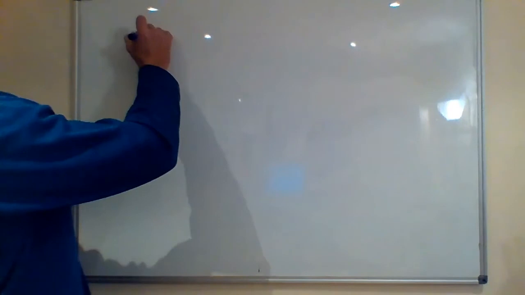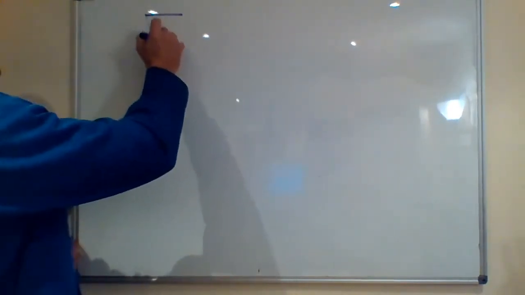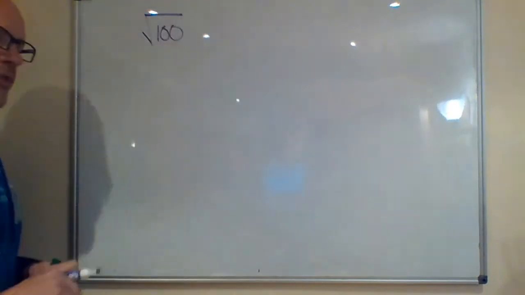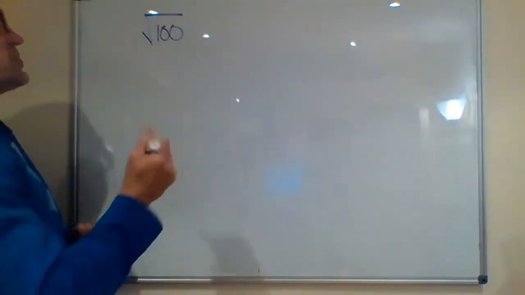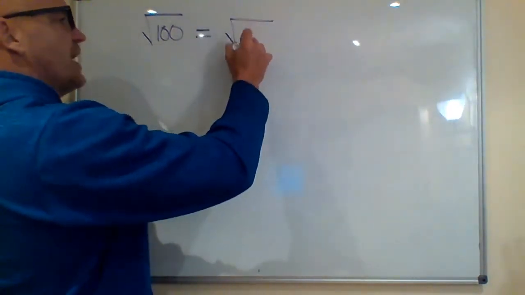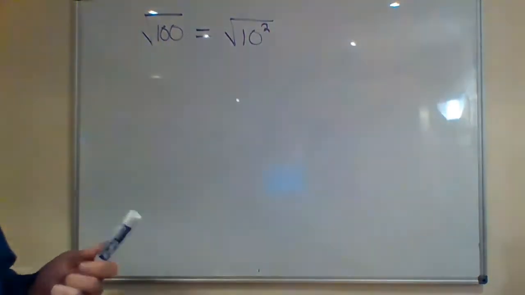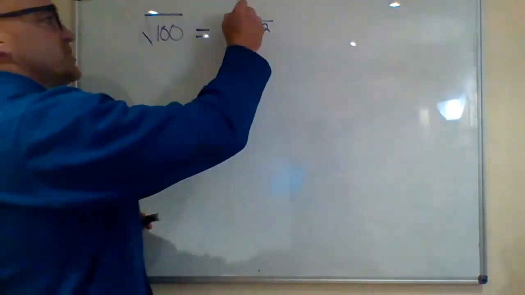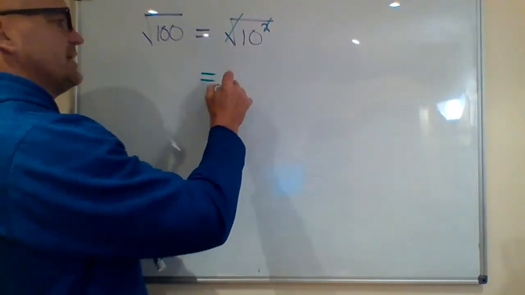For instance, if I say the square root of 100, well, hopefully we all know that 10 squared is 100. So the square root of 100 can be written as the square root of 10 squared. Since square roots and squares are inverse operations, they cancel each other out, and the square root of 100 is 10.